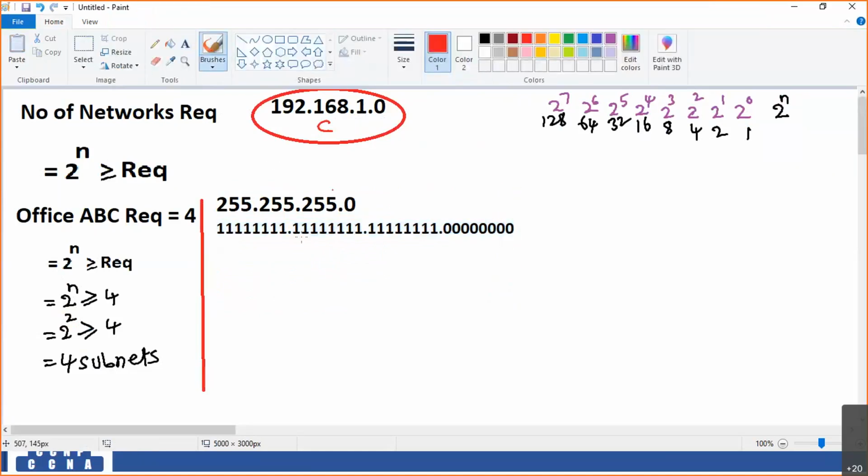So how many bits need to be converted into network bits? How many host bits to convert depends upon your power value. The power value here is 2, so convert 2 bits. The first bit and second bit are converted. What is the first bit value? 128. The second bit is 64. So now one more subnet mask will come. What is that?